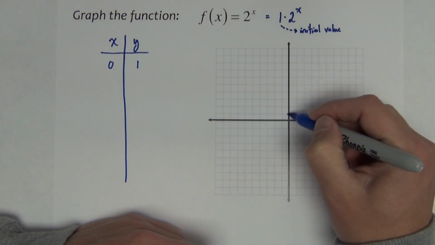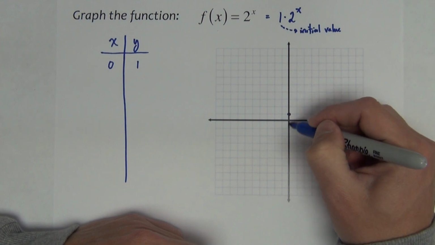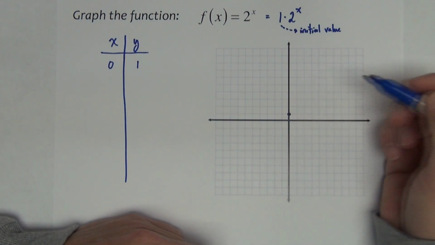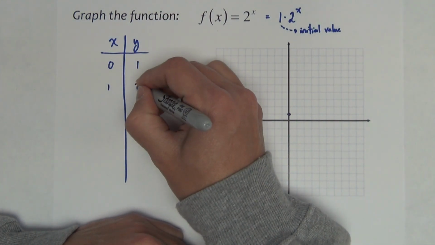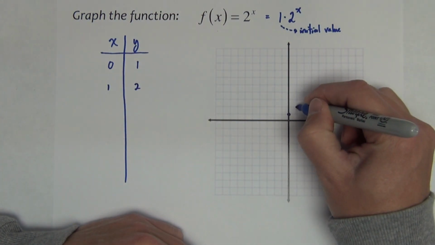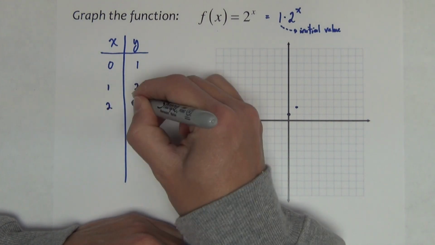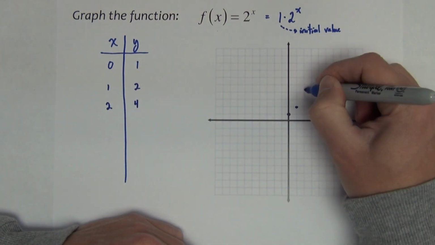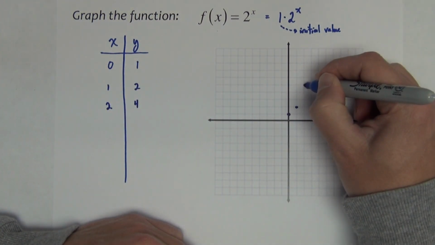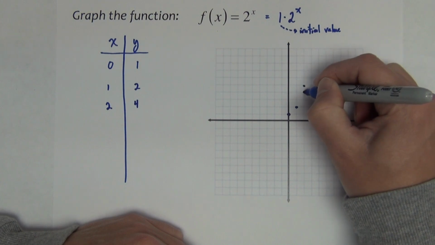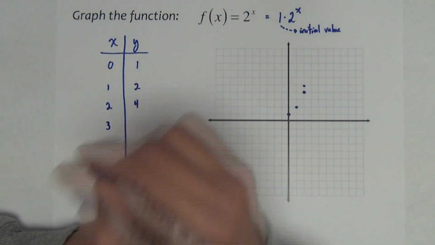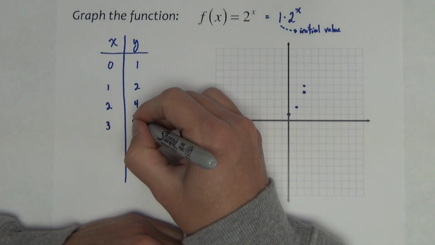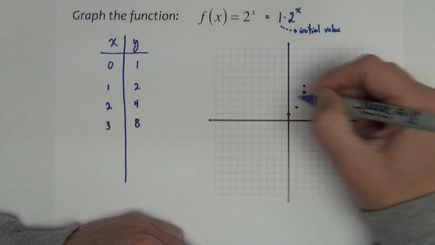So that should be the starting value, which is right there where x equals 0, right there on the y-axis. That should be 1. When x is 1, 2 to the first power is 2. When x is 2, 2 to the second power is 4. When x is 3, 2 to the third power is 8.